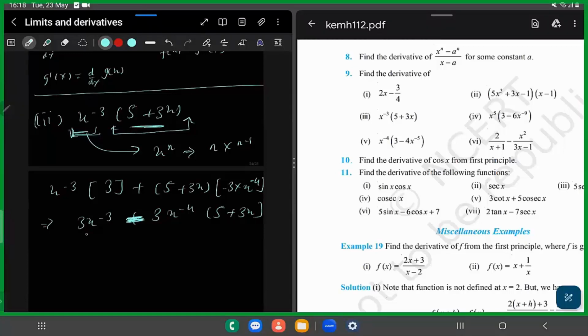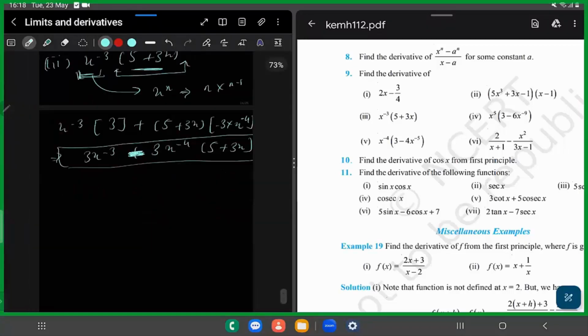Likewise, if we move to question number 6, this is equal to 2 upon x plus 1 minus x square by 3x minus 1. This is basically a combination of two functions, f(x) and minus g(x).